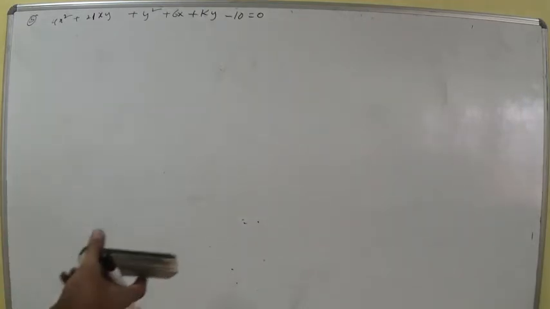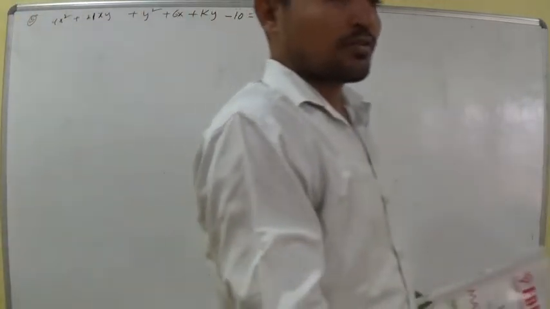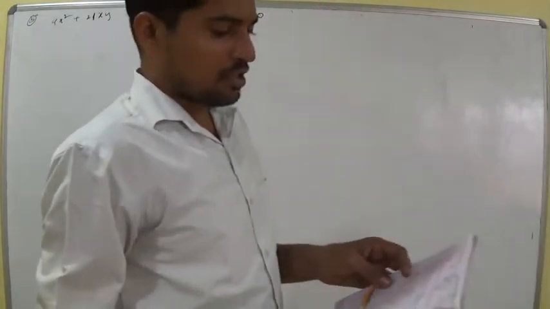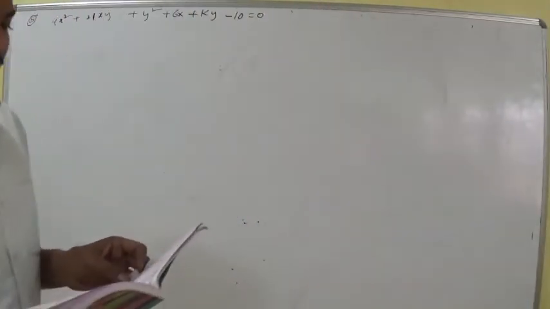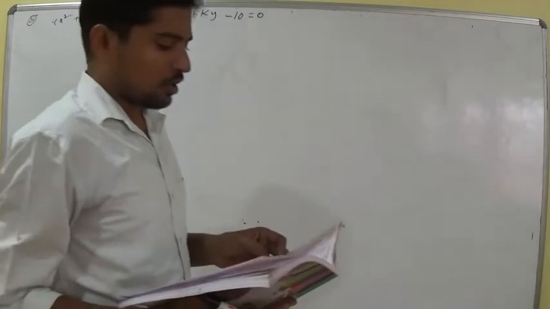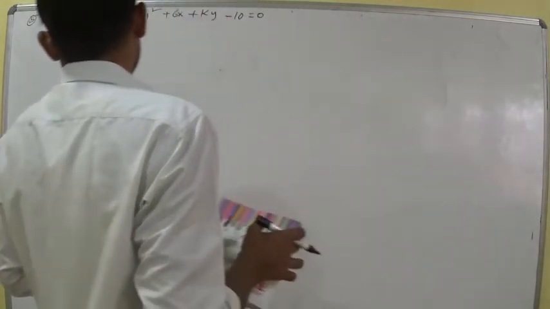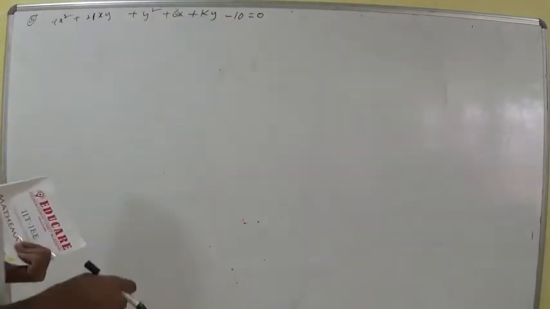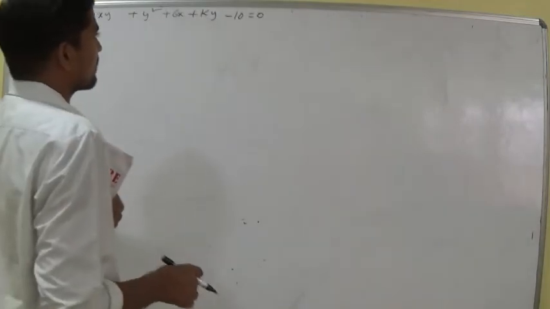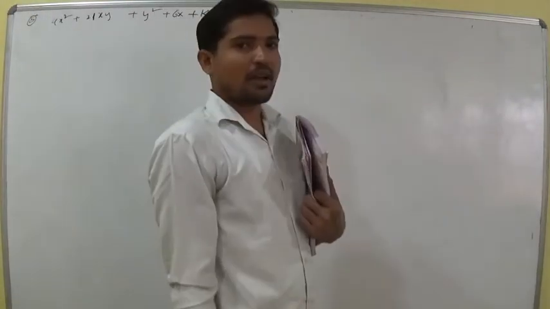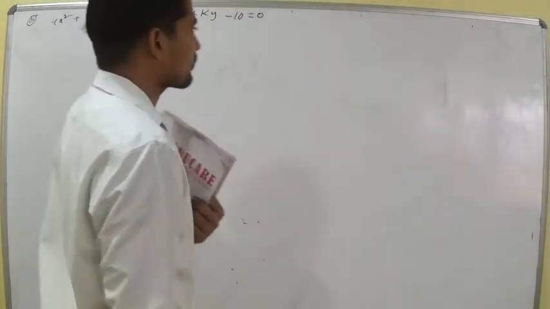Now the fifth one. The fifth one is to find the distance between the parallel lines: 4x² + 2lxy + y² + 6x + ky − 10 = 0.